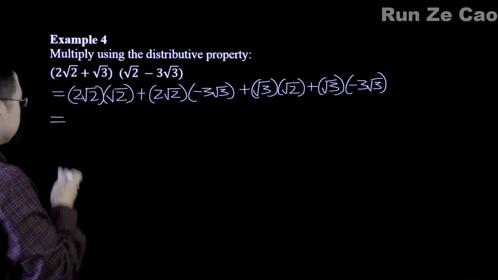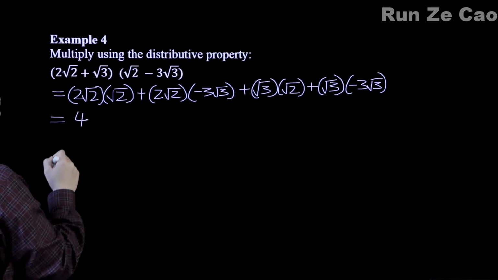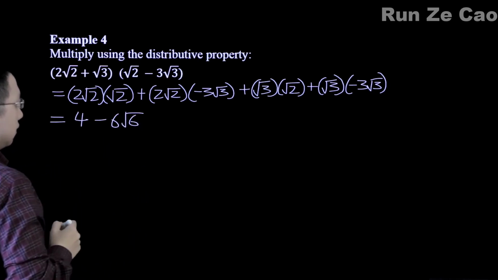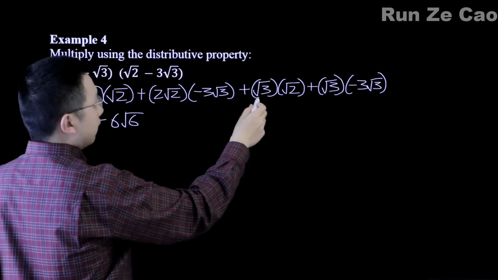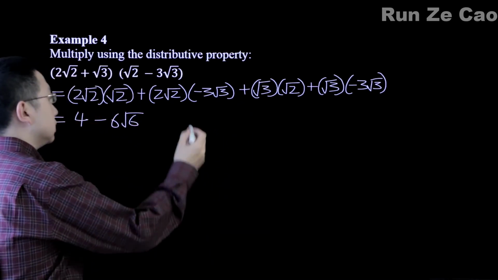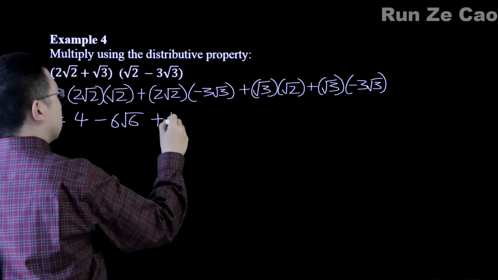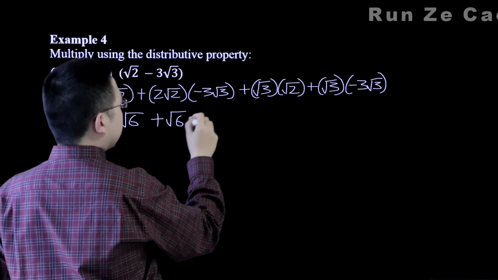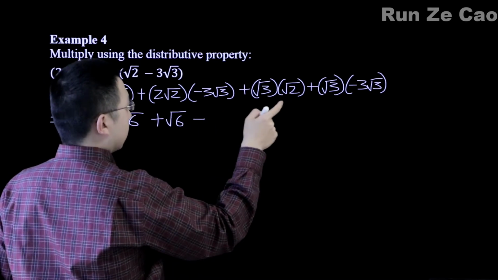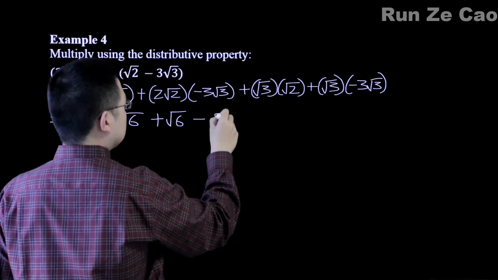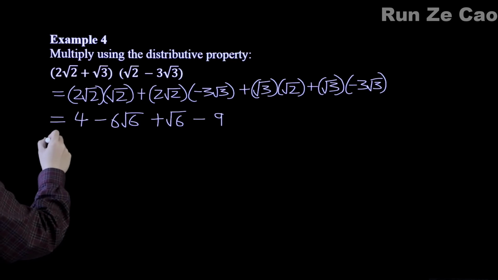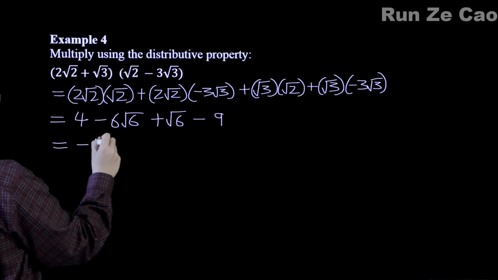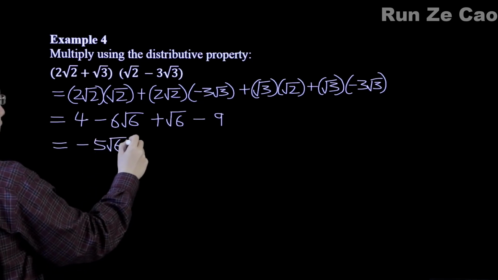So this is equal to 4 minus 6 root 6. And here we have root 3 times root 2, which is equal to root 6 plus this thing. So that comes out to negative 3 times, well, root 9, so this comes out to be negative 5 root 6 minus 5.